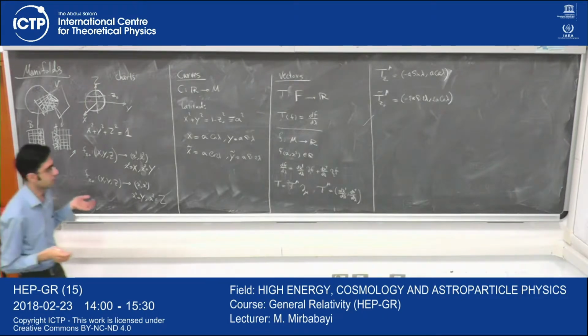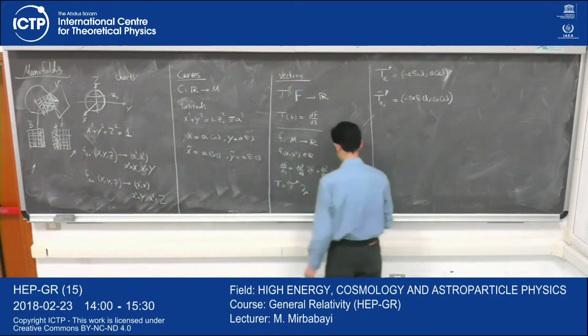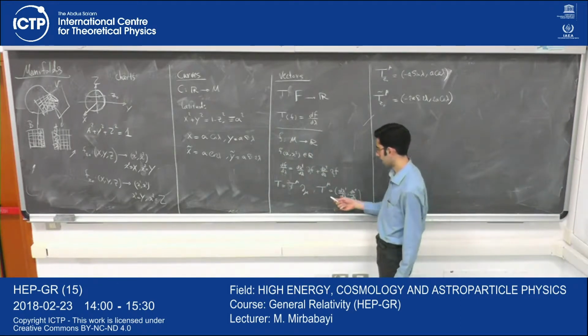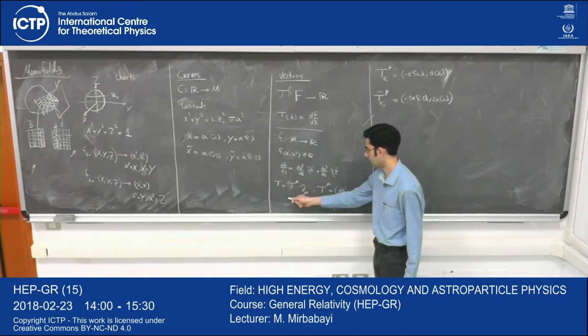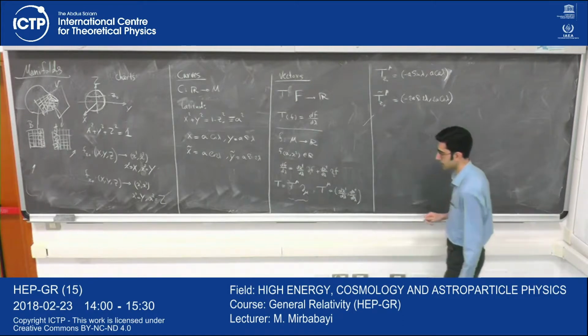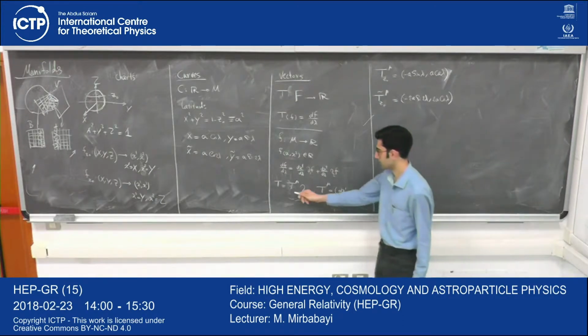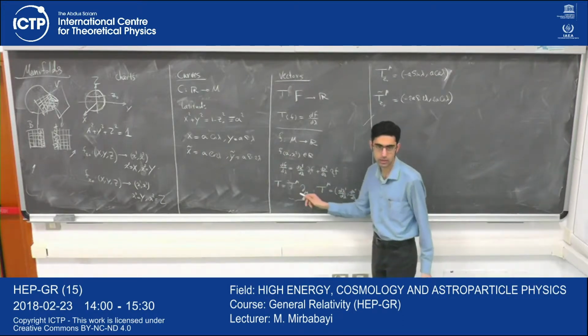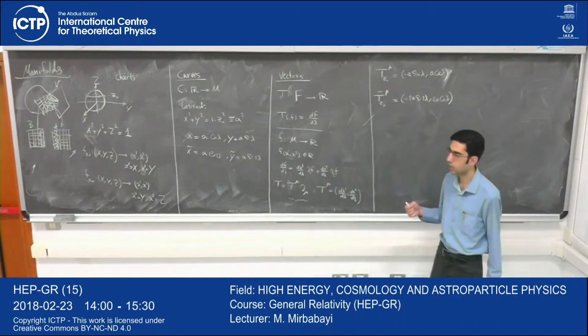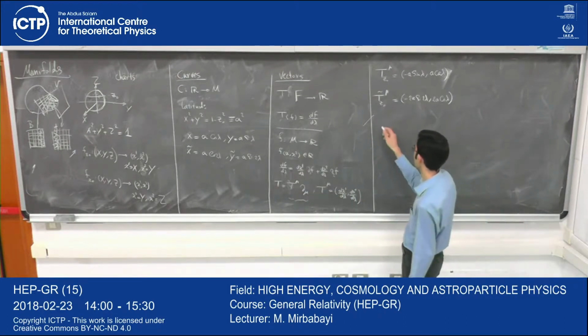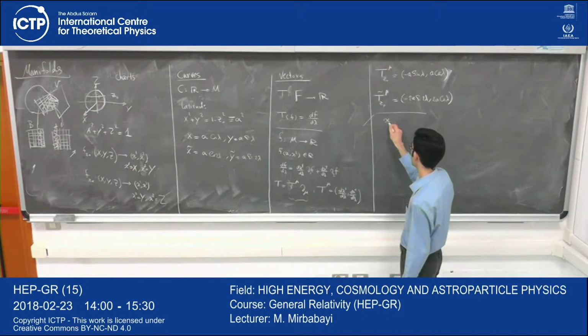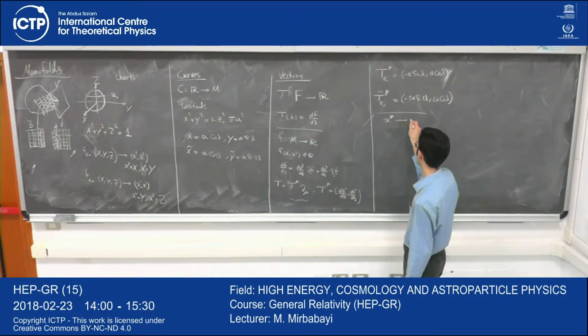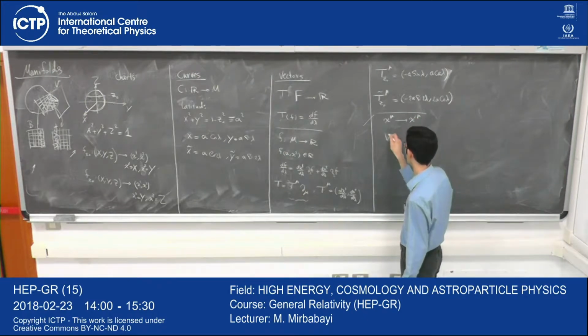That is inherited from this expansion of the vectors in terms of partial derivatives. So as I go from one chart to the other, what happens to the vector is the usual transformation law of the vector.